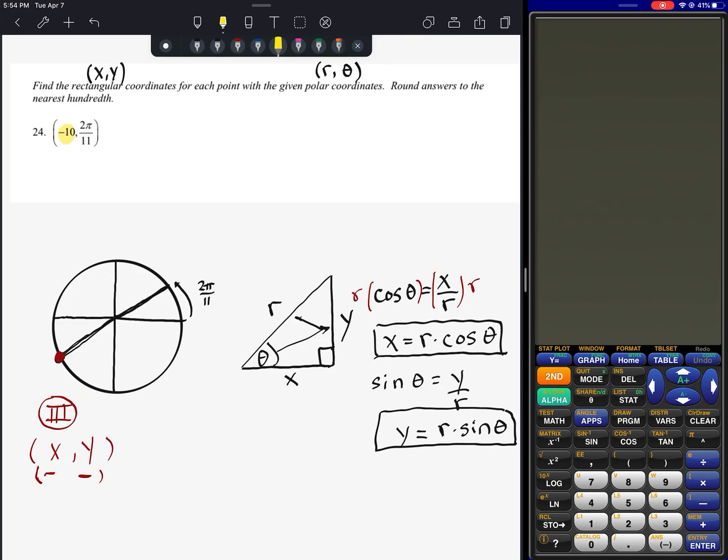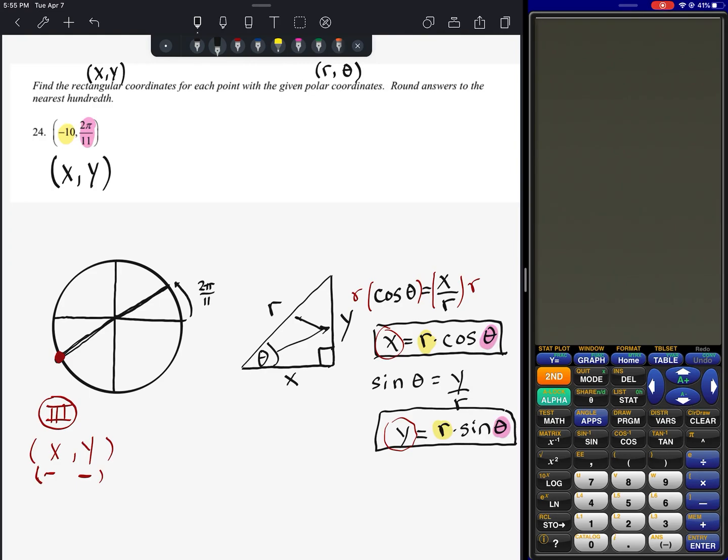We already know that the radius is -10, and our theta, or our angle of rotation, is 2 pi over 11. So we have what we need to come up with our x and our y coordinates. We're just going to use those two formulas.